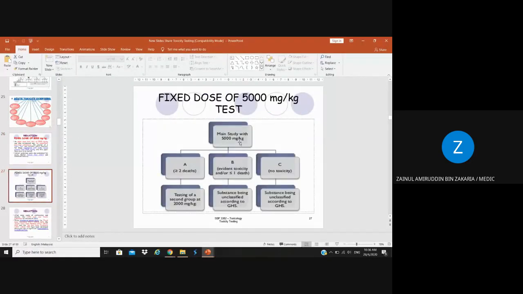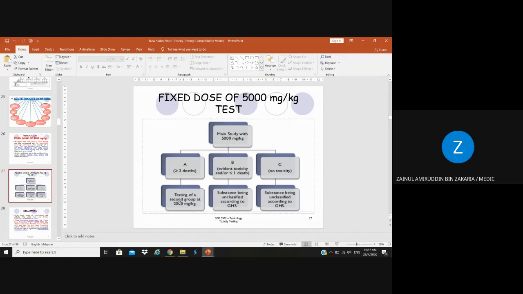So this is the same thing. If you use 5,000 mg per kg and you see 2 deaths, or more than 2 deaths, what happens? You should reduce the dose from 5,000 to 2,000, and so on. If there are still more than 2 deaths at 2,000, you reduce the dose until 5. If at 5 you still see more than 2 deaths, then you stop the experiment.